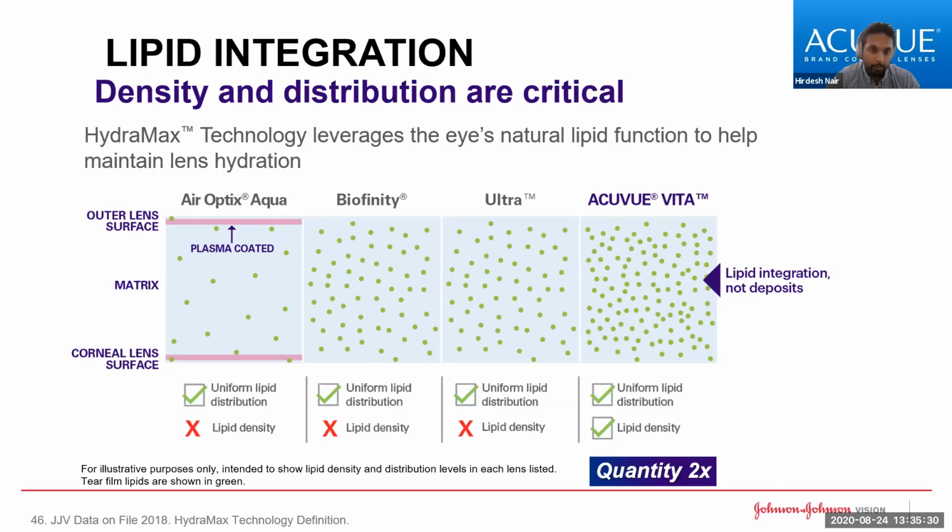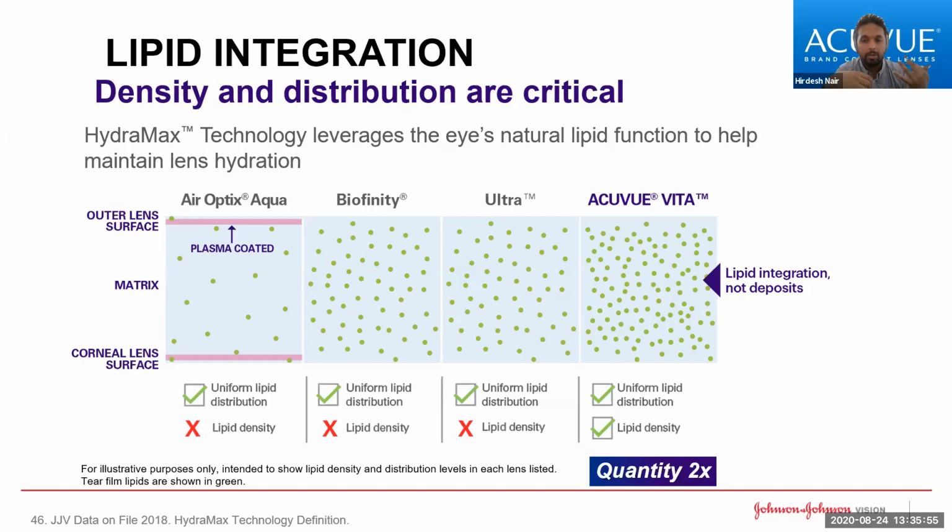Why is that important? Well, similar to how we talked about how the moist material was able to keep the protein lysozyme from being denatured, similarly, with AccuView Beta, the lens matrix is such that it allows the lipids to float in and out in such a way that, whilst it's integrated in the material, it's less likely to be oxidized or denatured because it's not at the surface.